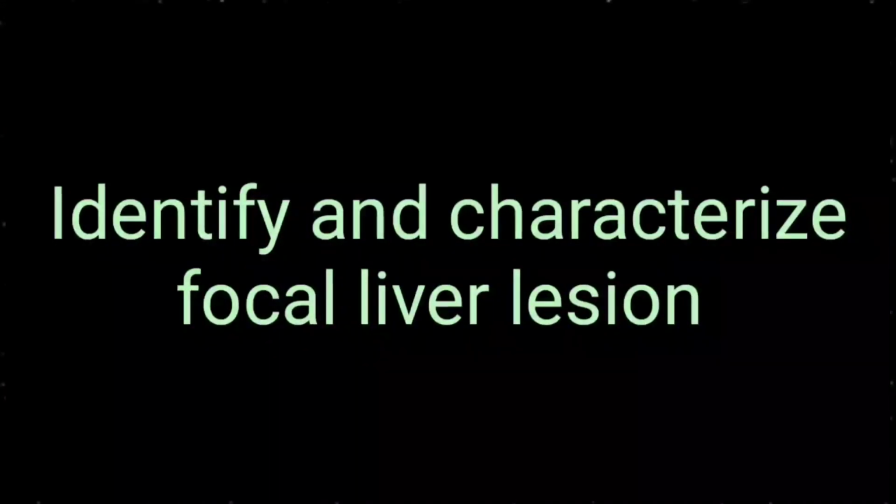So to identify and characterize the focal lesion in patients with cirrhosis, a single lesion less than 5 centimeters or 3 lesions less than 3 centimeters can benefit from liver transplantation.